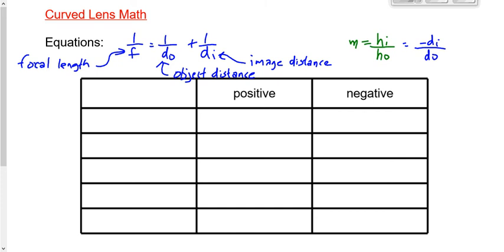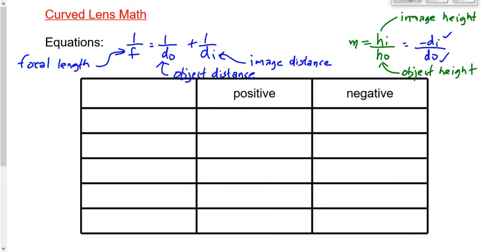We know what di means, image distance. Do means object distance. Hi means, anybody want to take a stab at that one? Yeah, it's the image height, how tall the image is. And HO would be the object height. That one's easy now, right?